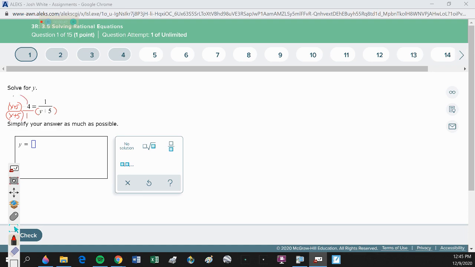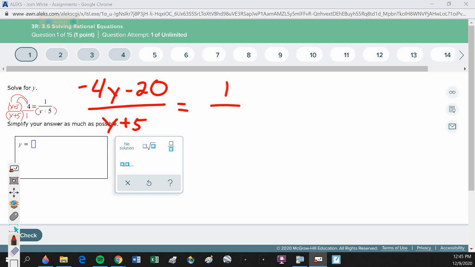So on the left side, I get negative 4y minus 20 over y plus 5 is equal to 1 over y plus 5. You guys understand that? Now the denominators match.